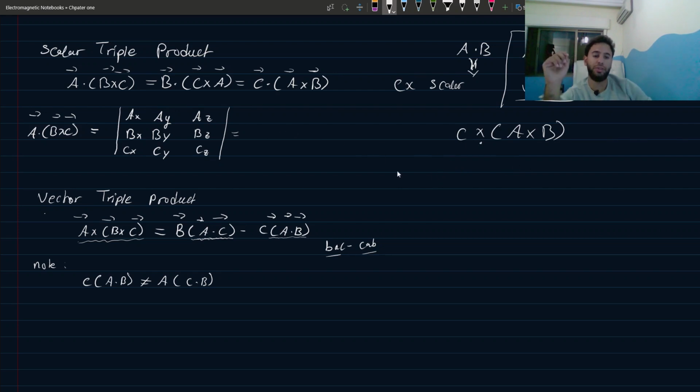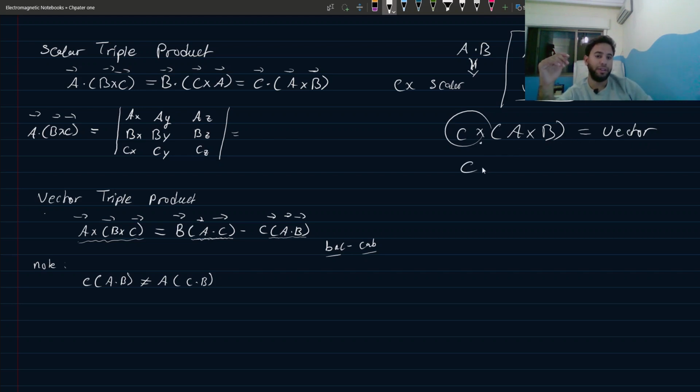And these are the two different scenarios. We have an extra dot product or a cross product after the first cross product. Now, if it was a cross product, the answer will be a vector product, because all of these are cross products.